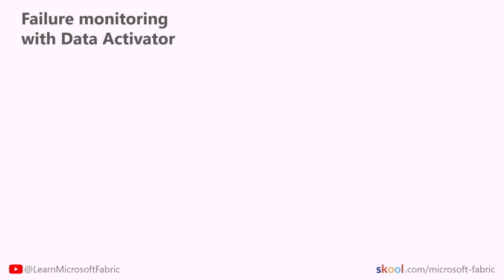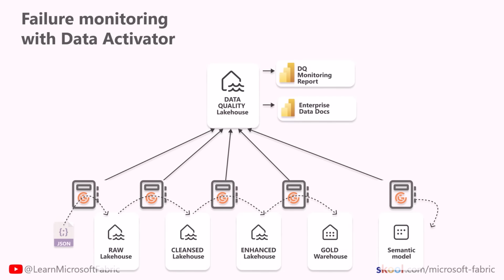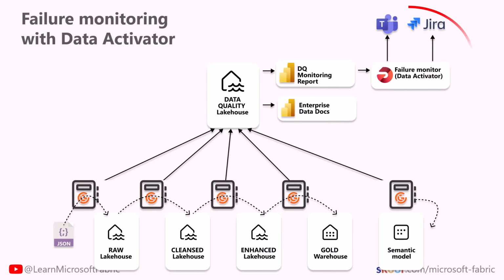So finally, I just want to touch on a few other features that we can integrate into this data quality monitoring system that we're building. The first one is around failure monitoring. So say we implement this sort of architecture here, and we have our data quality monitoring report in Power BI. Well, we can use a new feature in Fabric called Data Activator.